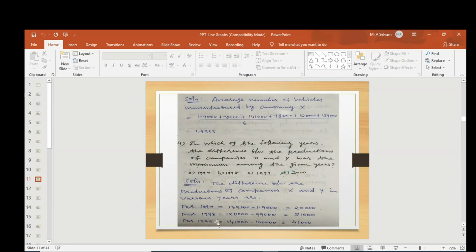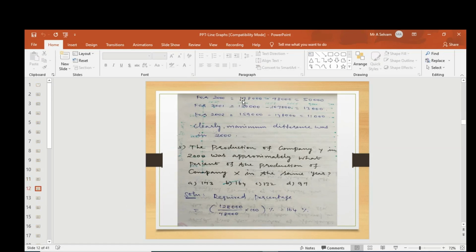Likewise for 1998, 21,000 is the difference. For 1999, 41,000 is the difference. For 2000, 50,000 is the difference. For 2001, 13,000 is the difference. For 2002, 11,000.